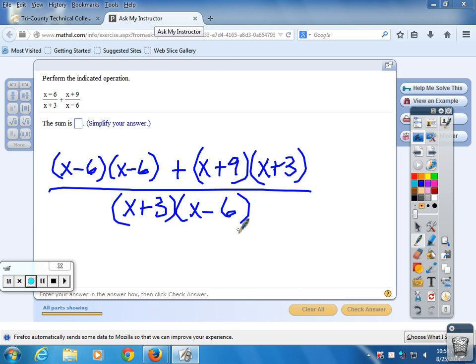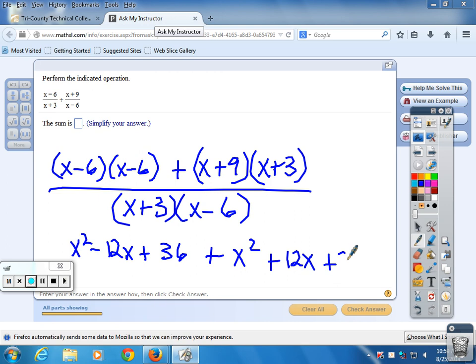And then we use our FOIL method here, or our shortcut. This is x minus 6 quantity squared, which is x squared minus 12x plus 36, plus, use your FOIL method here, x squared plus 12x plus 27 over the common denominator. What's x squared plus x squared? 2x squared.